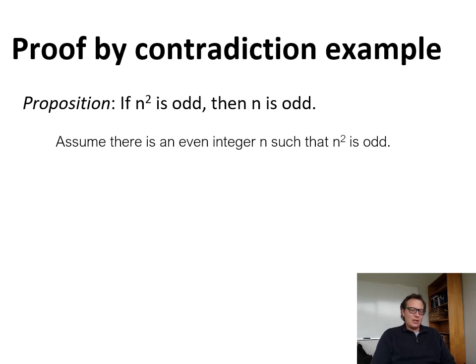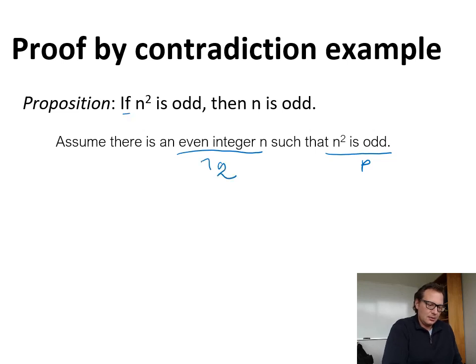So n has to be even and n squared has to be odd. This is P, and this is not Q. Okay, so we assume this, and now we have to derive a contradiction from this assumption.